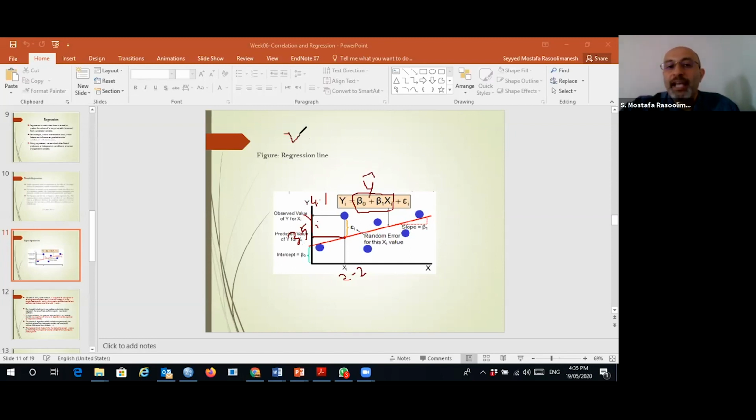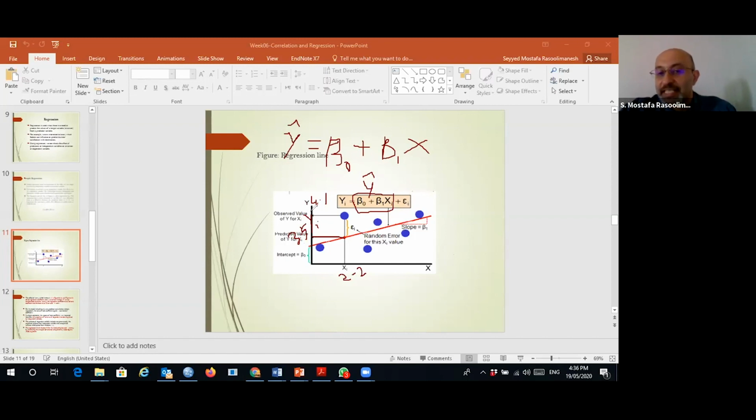So y hat is beta 0 plus beta 1 x. This is the best writing I can do with these tools here. So y hat is beta 0 plus beta 1 x, this term. But we have one error here.